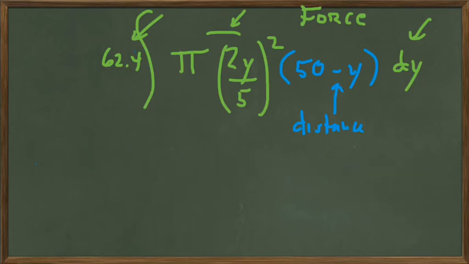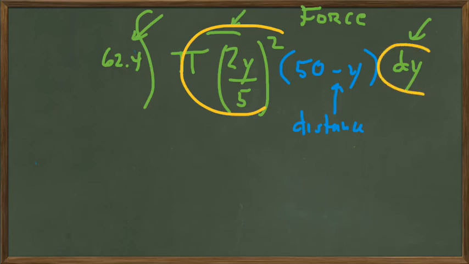So once more, so we're clear where everything is coming from. The volume of the slice of water is its cross-sectional area times its thickness. So that times that is the volume.